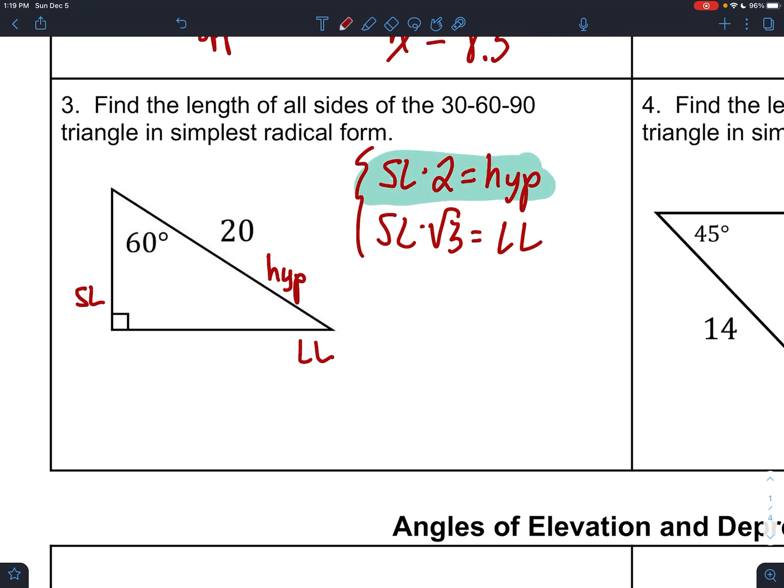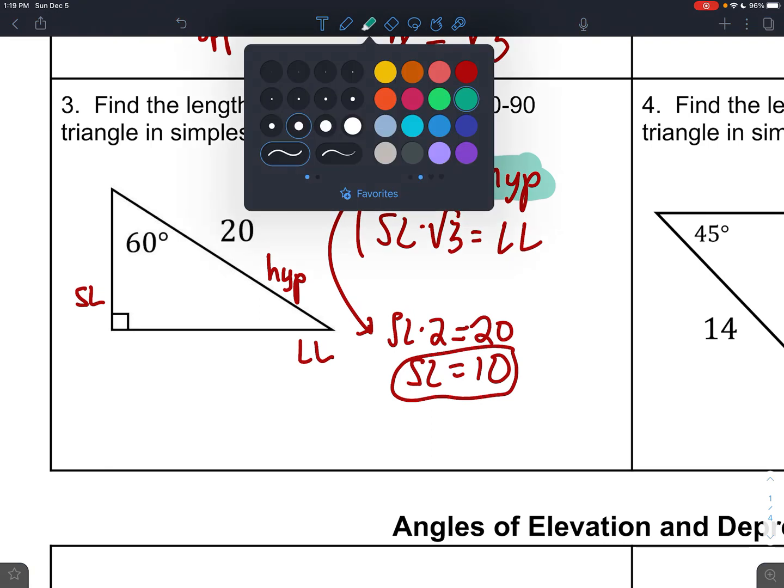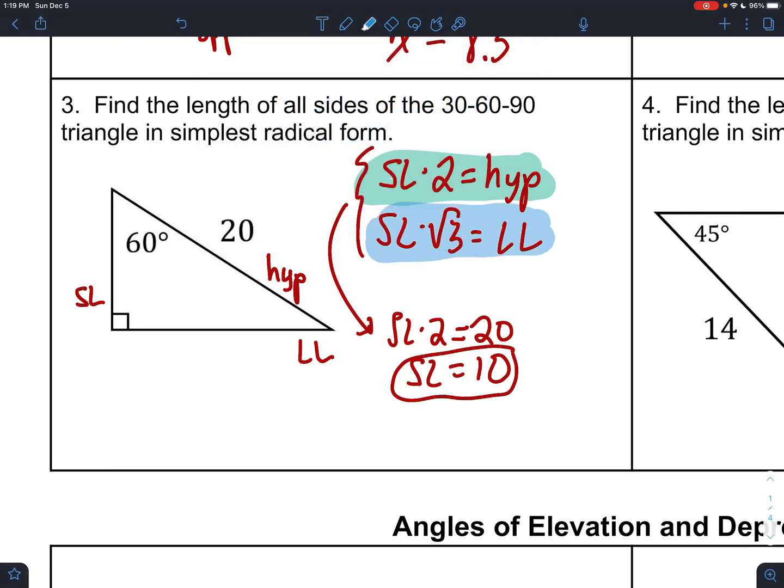Okay? So what do we know? I mean, we know the hypotenuse. So it makes sense to use this equation and solve for the short leg, right? Short leg is 10. And then now that we know the short leg, we can look at the other equation, because you're always going to utilize both equations because you have to find both sides.